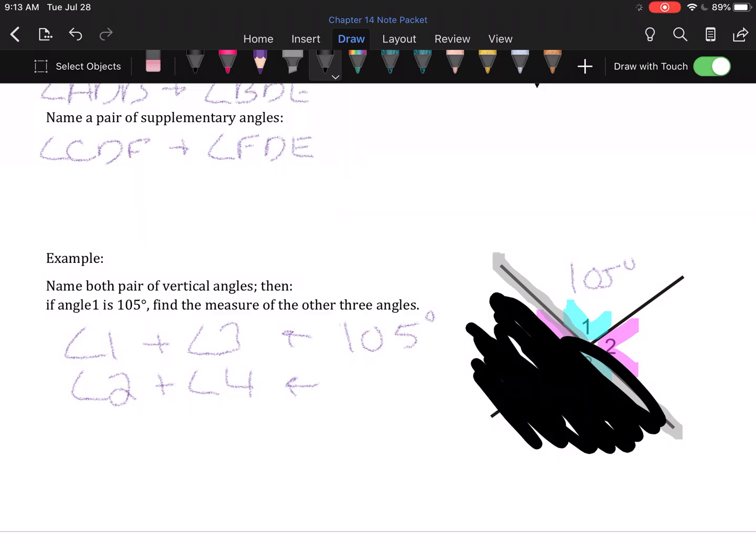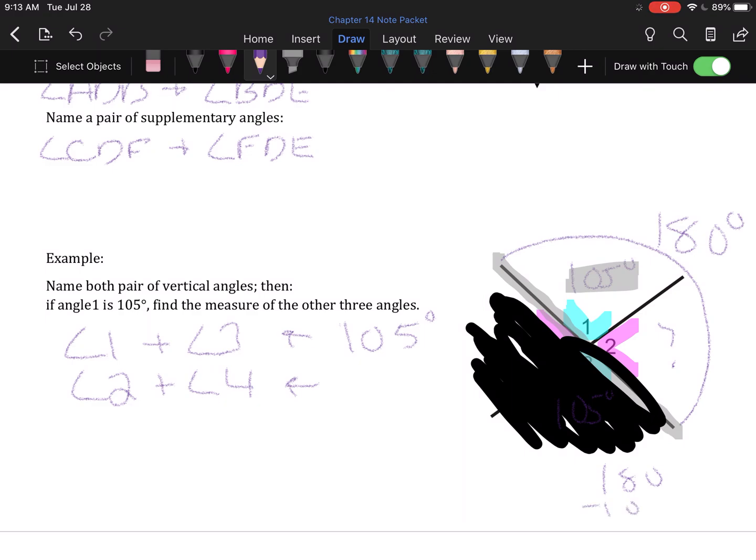Okay, it's nice and out of the way. So we've got ourselves a line that has two angles on it. Every line has 180 degrees on it. So the whole thing is 180 degrees. I know this part is 105. The question is, what's left?